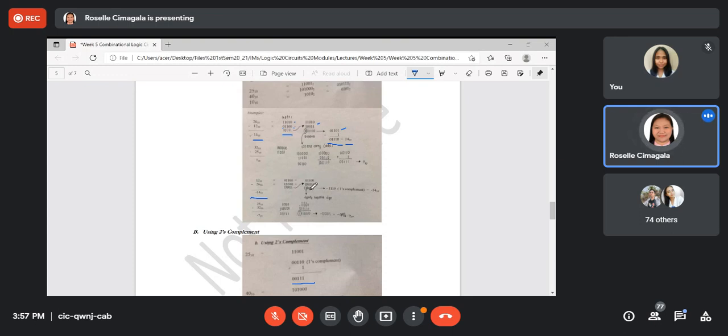We add 0, 0, carry 1. It signifies a negative sign, like when we write a negative sign.